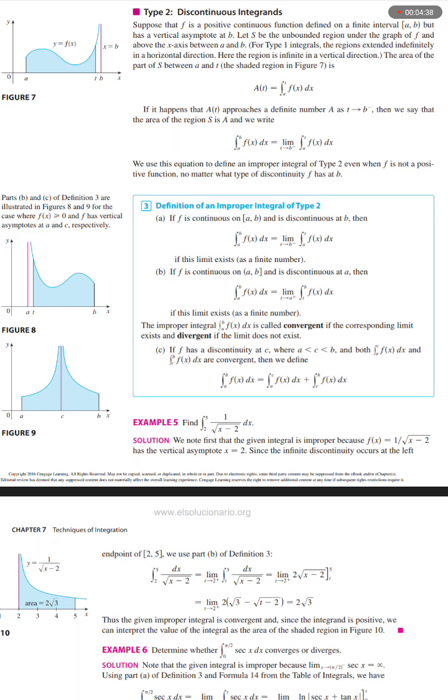If it happens that big A of t approaches a definite number big A as t approaches b from the left, then we say that the area of the region big S is big A, and we write the integral from a to b of f of x dx equals the limit as t approaches b from the left of the integral from a to t of f of x dx. We use this equation to define an improper integral of type 2 even when f is not a positive function, no matter what type of discontinuity f has at b.